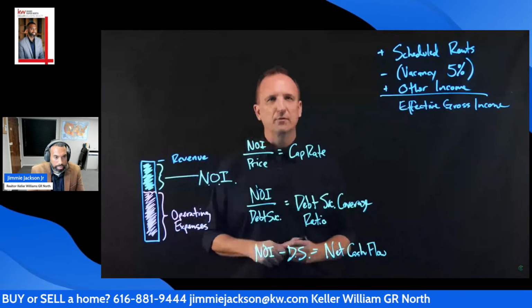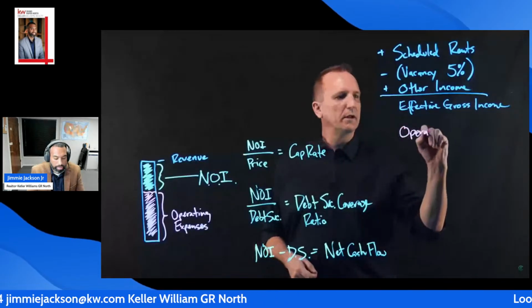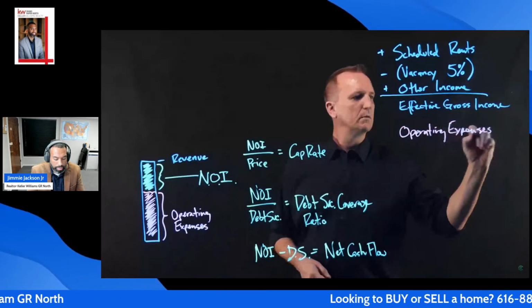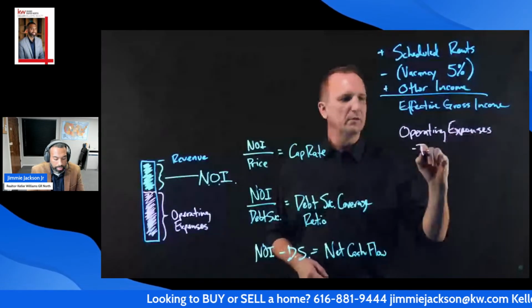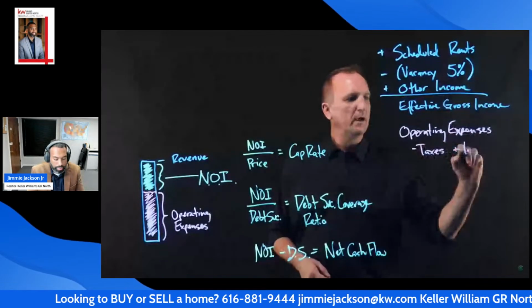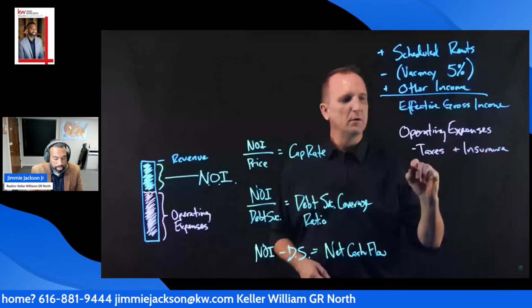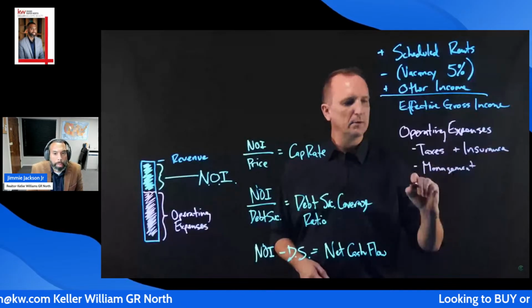For example, operating expenses would include things like real estate taxes, hazard insurance, property management, utilities, repairs and maintenance.